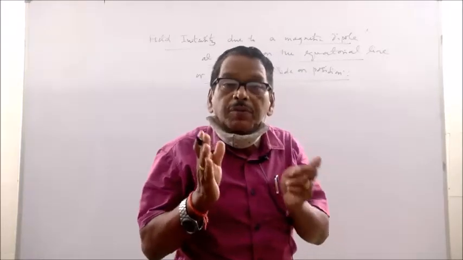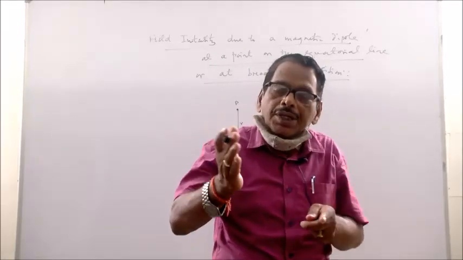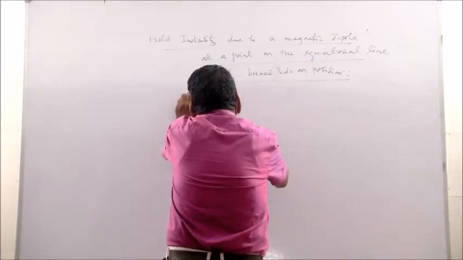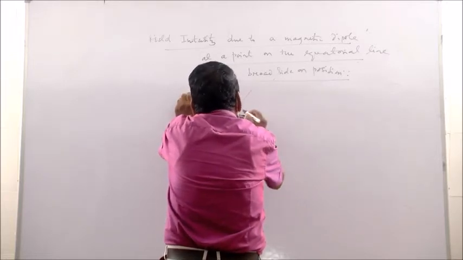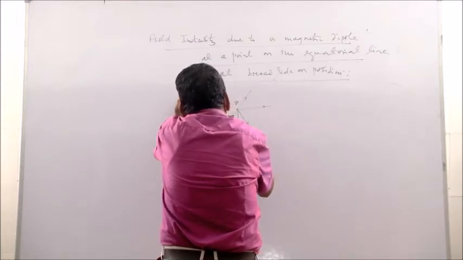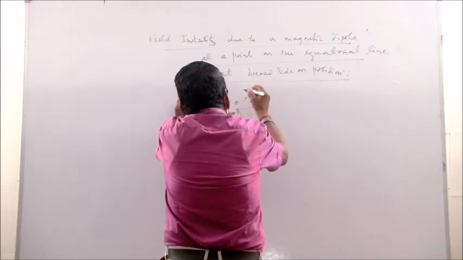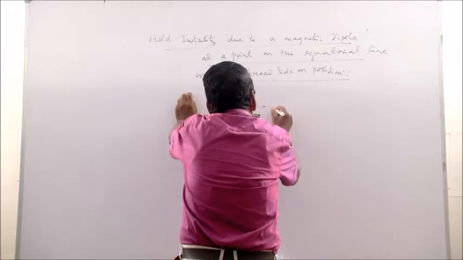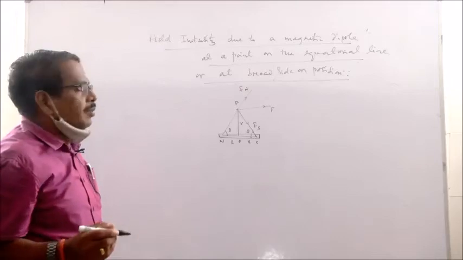The resultant force will be field intensity, and let us see whether it is equal to the end on position or different from that. Resultant force Fn like this. This will be the diagram.